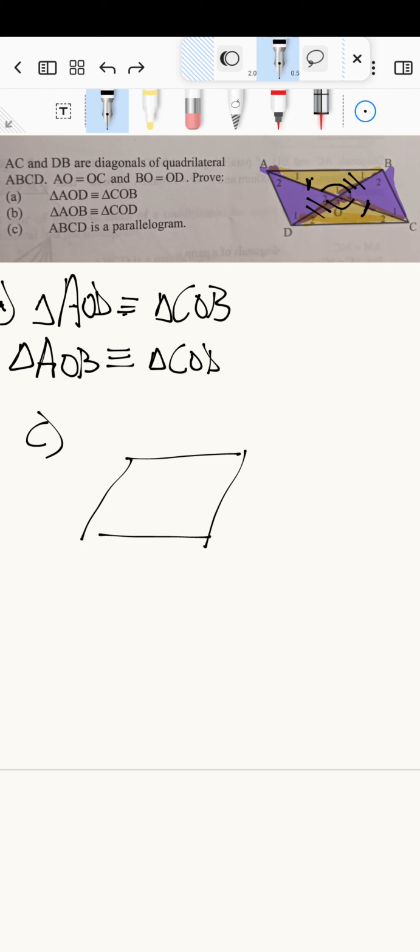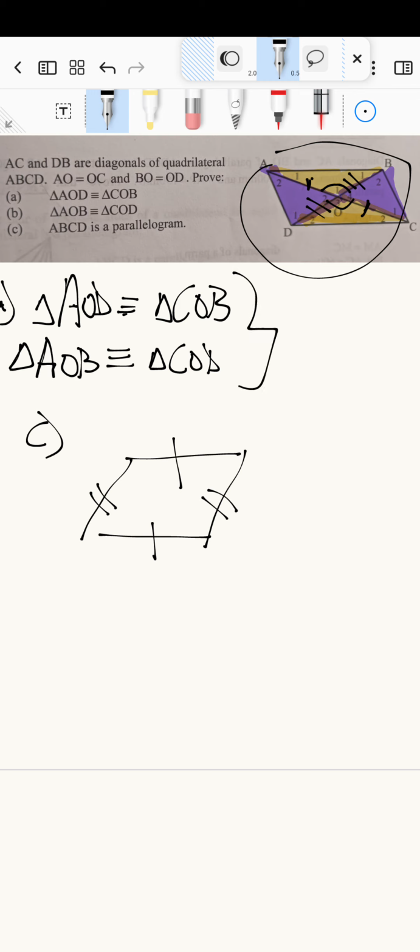So with the information that we currently have, let's try to prove that the opposite sides of the shape we're dealing with in this question are equal. The way we're going to do this is like this. Based on our congruency, based on these 2 statements, we know a ton of things.